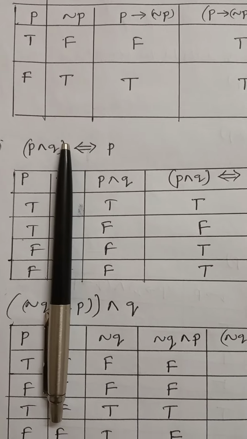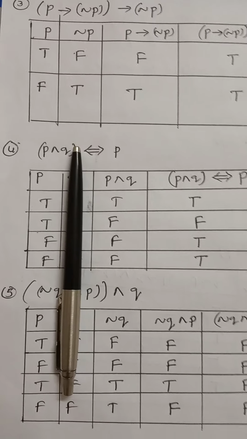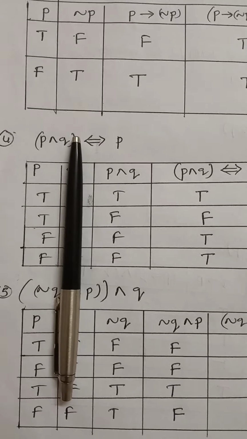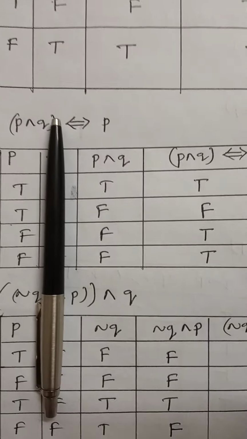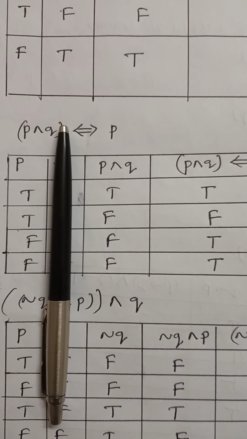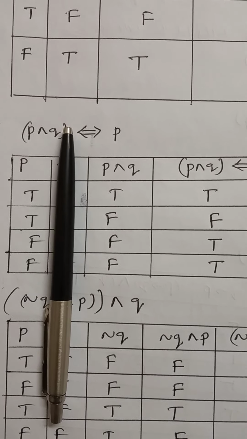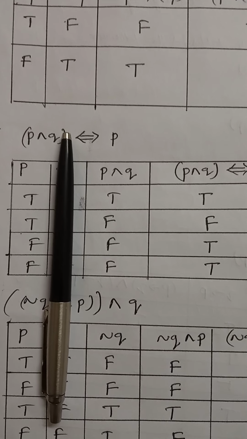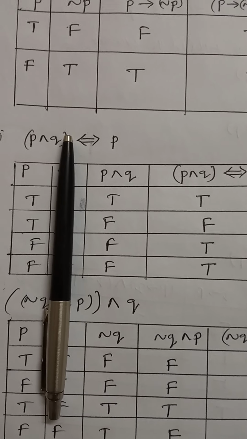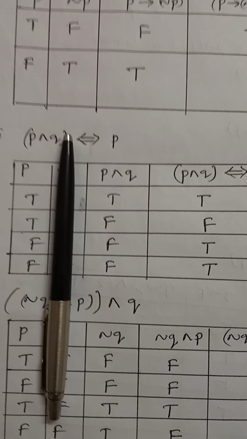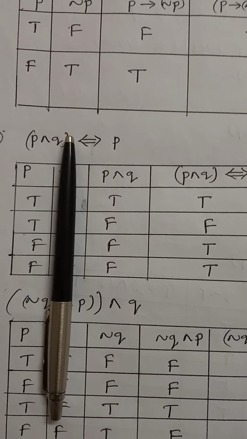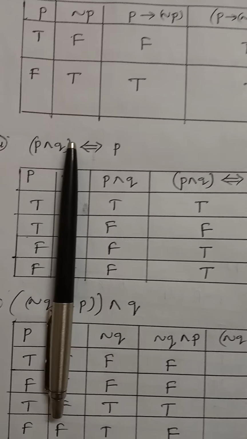If both have same truth values, then the result is true. See the first row, true if and only if true. First one is true. Second one, both are not having same truth values, therefore false. Next, third row, both are having same truth values, therefore true. Last, fourth row, both are having same truth values, therefore it is true.